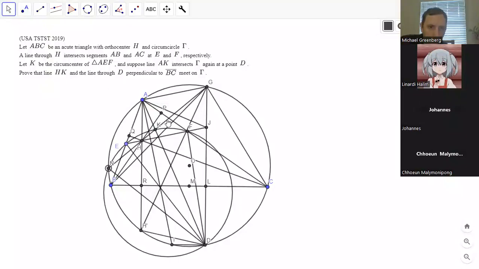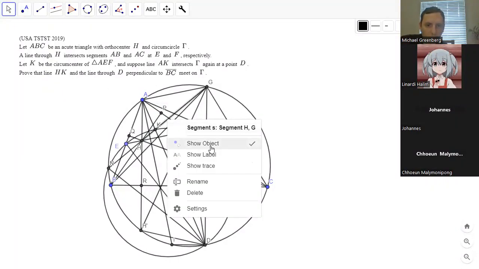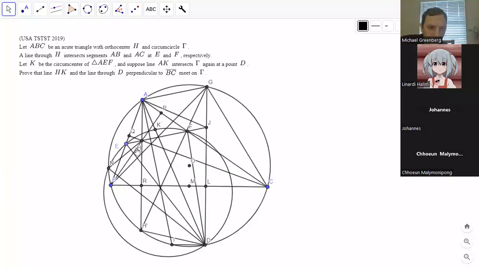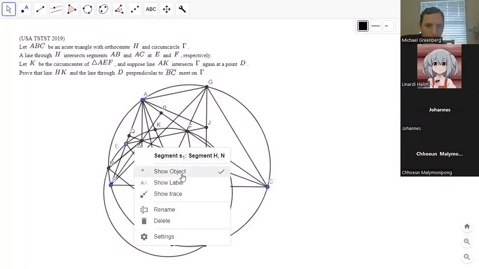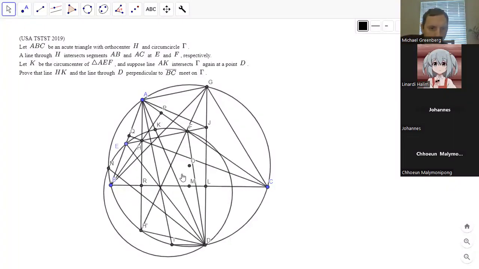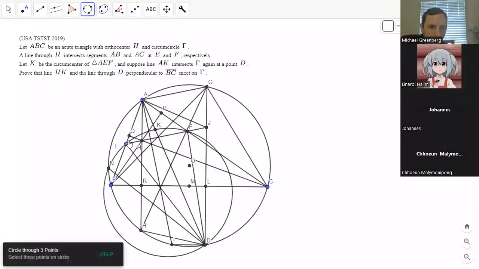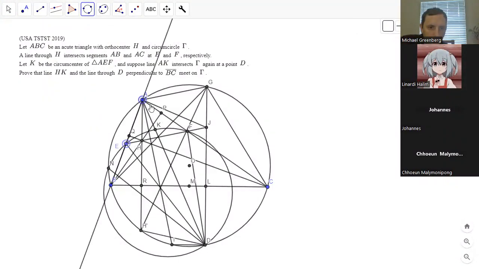How would we do that? So let me hide this. We could show K equals KF, and then do an angle chase to show that this is an angle bisector here.